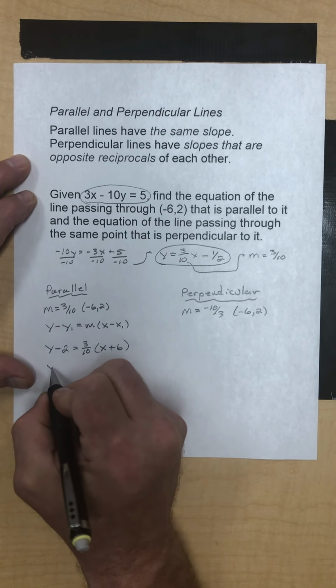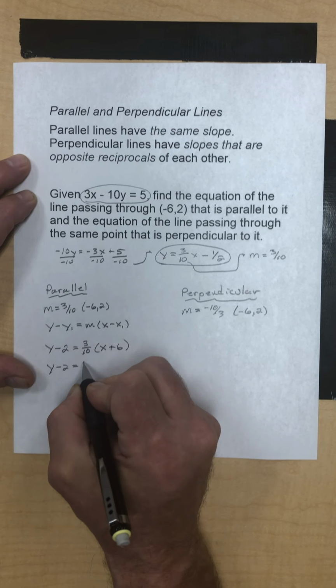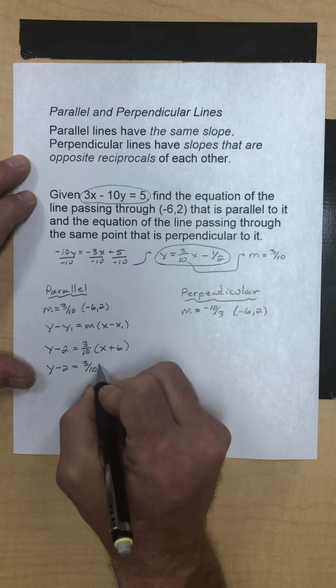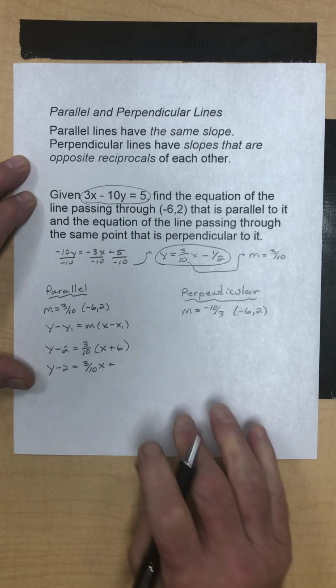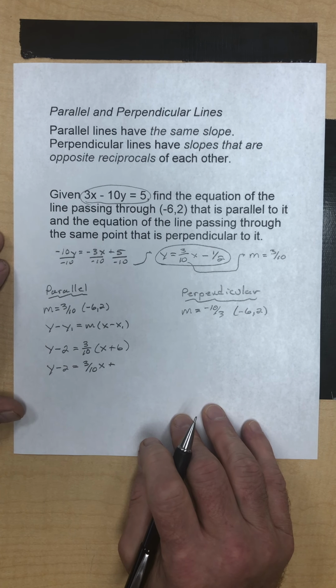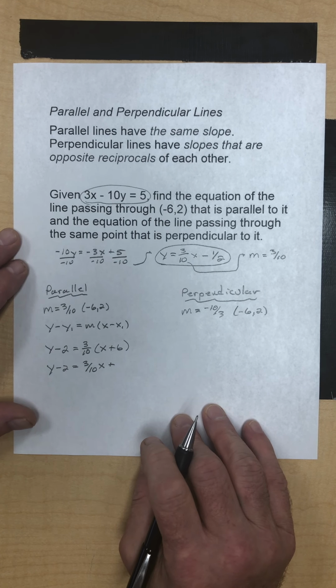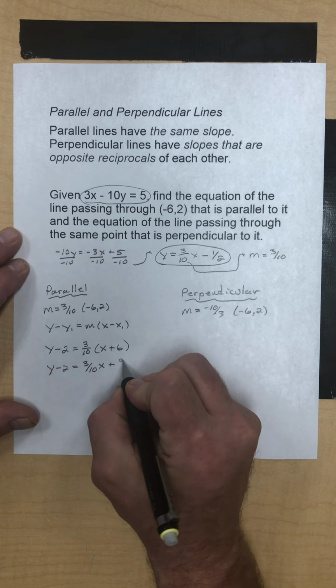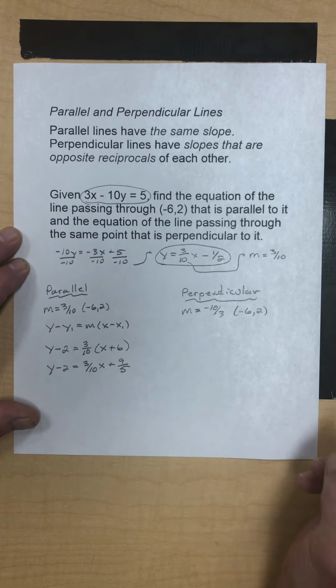So I get y minus 2 equals 3/10 x plus 18/10, which goes down to 9/5.